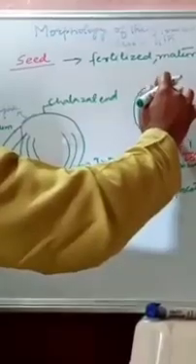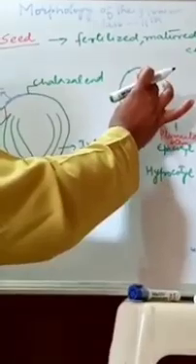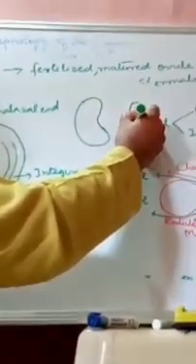When we draw the diagram of a typical dicot seed, for example, I will give you the bean. If we look at the diagram of the bean, it has a kidney shape. You will find some scar-shaped structures on the concave side. Here we find this pore, then this scar, then one more scar.